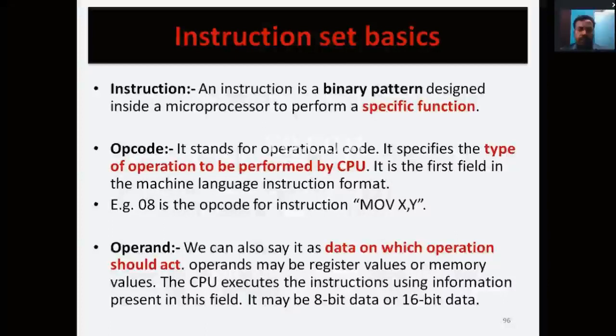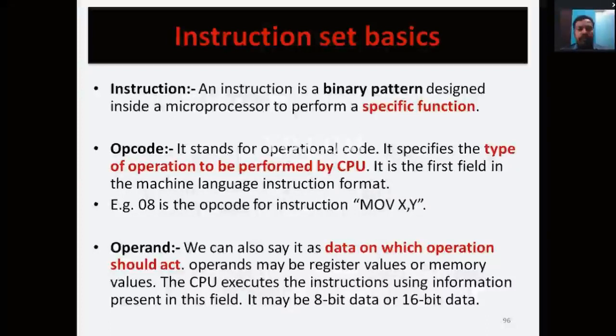The instruction converted into binary numbers is called the opcode. For example, 08 is the opcode for the instruction MOV X, Y. This opcode is dedicated to that instruction.